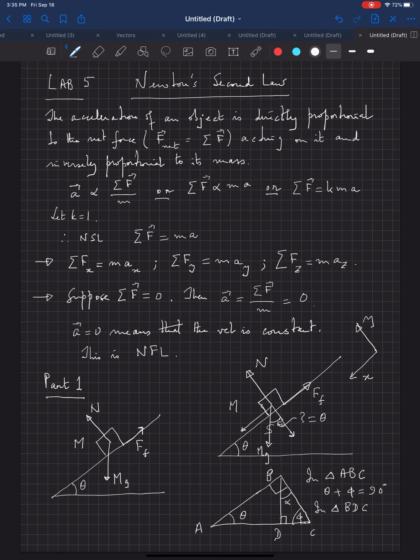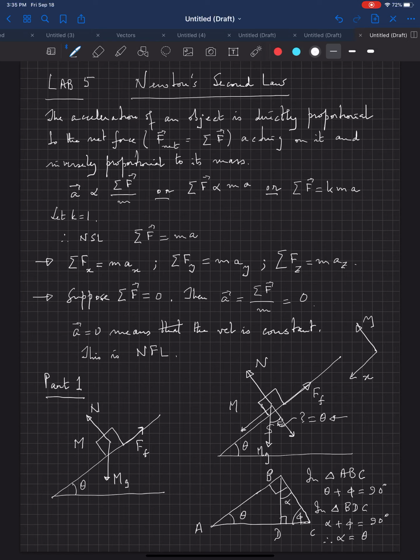I know from this right triangle that alpha plus phi equals 90 degrees. And therefore, alpha equals theta. And so that's why I can say that this angle up here is the angle theta.